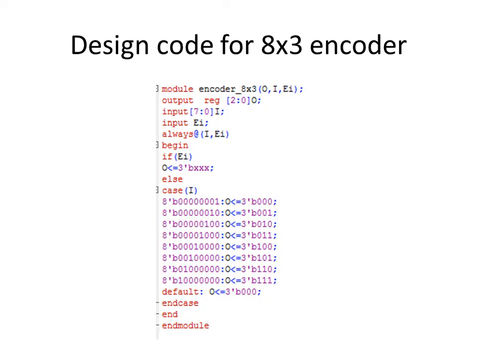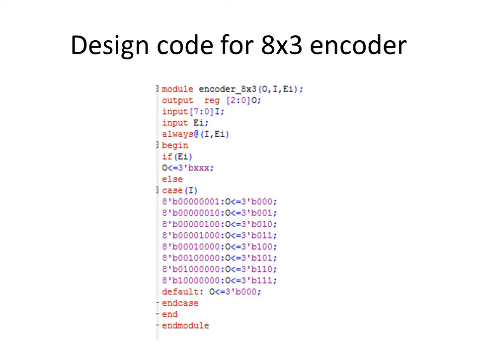Here in the module I am declaring the inputs and outputs. The inputs are I and EI: the input signal with 8 bits, the enable signal with 1 bit, and the output signal with 3 bits. These are declared here: output [2:0] O, input [7:0] I, input enable.